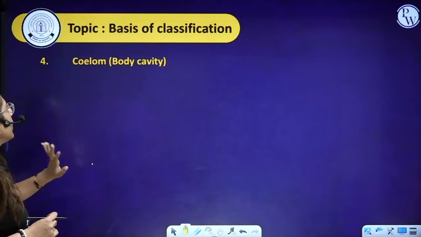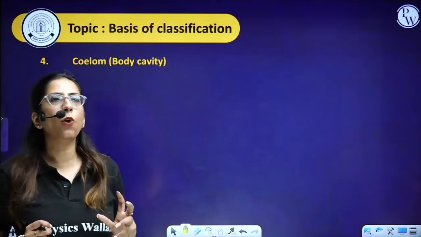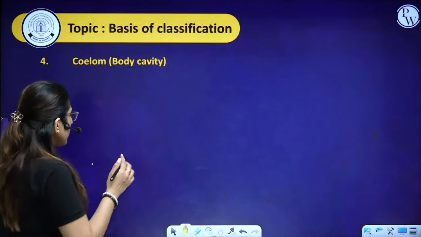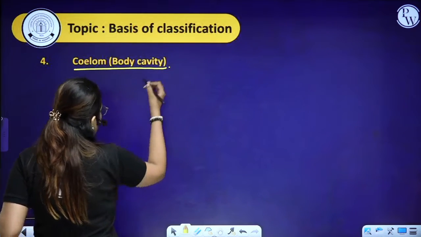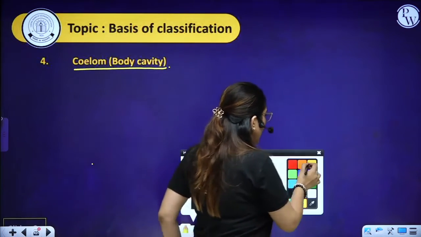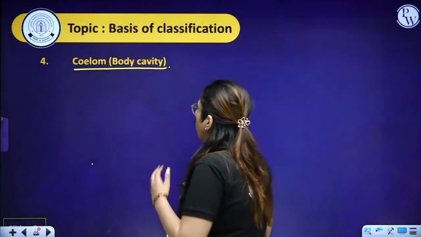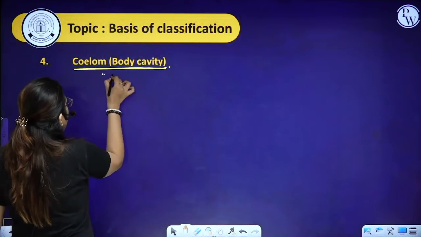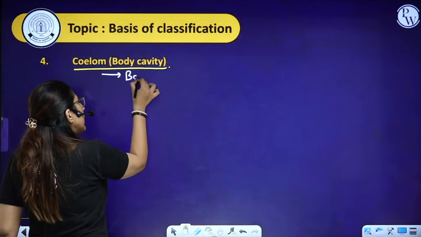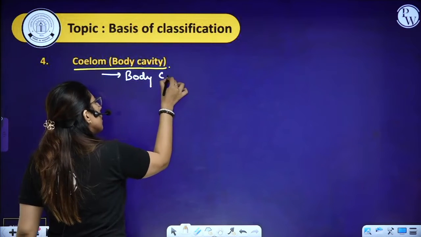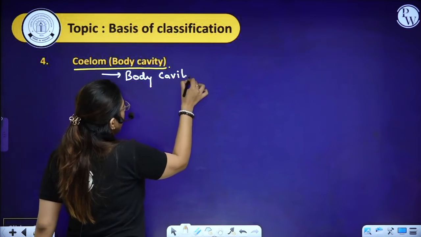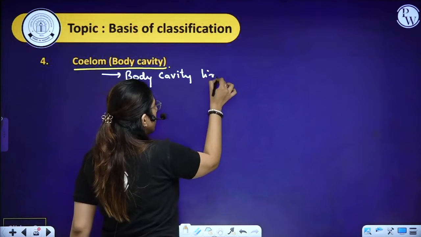Now moving on to the next, let's talk about the coelom, right? Now what is this coelom? Coelom is written over here as body cavity. So that means a body cavity lined by mesoderm.